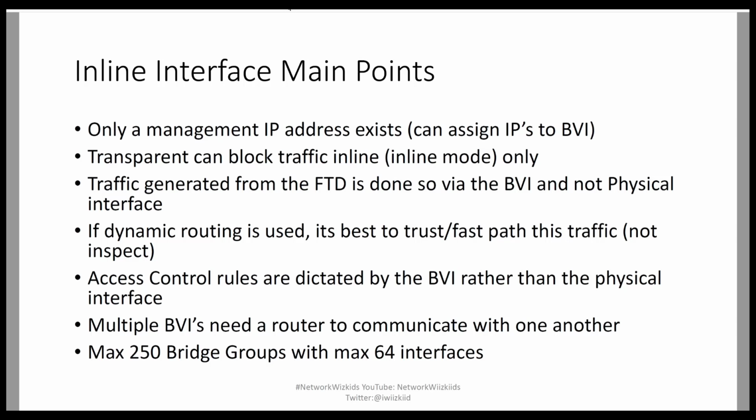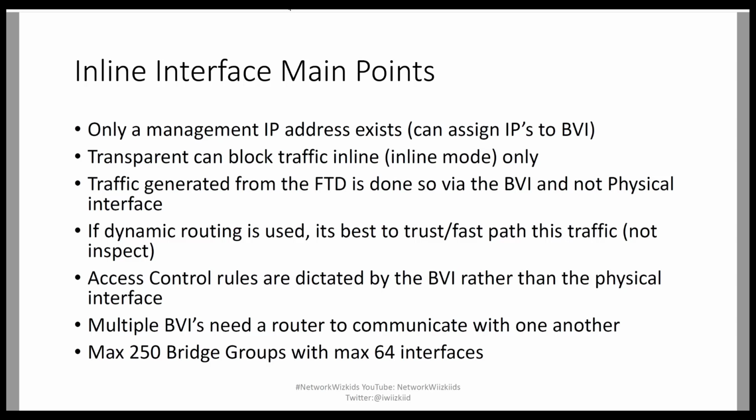Access control rules are dictated by the BVI rather than the physical interfaces. So when you're specifying access control rules, you specify the source as being the BVI rather than the actual physical interfaces. That's how we use the BVI within the access control policy.